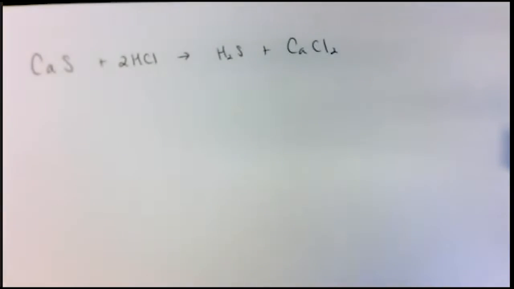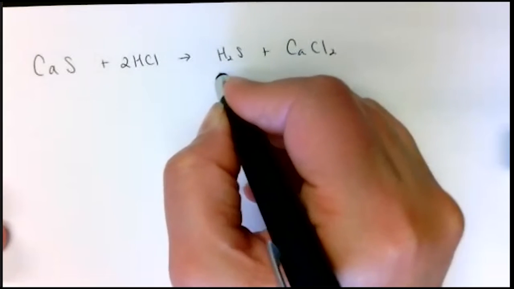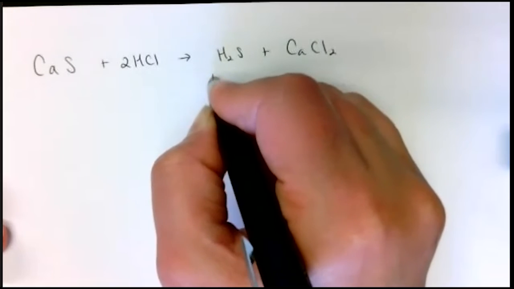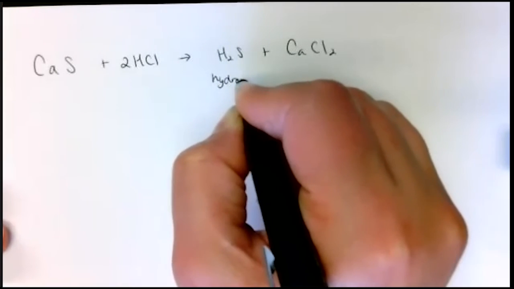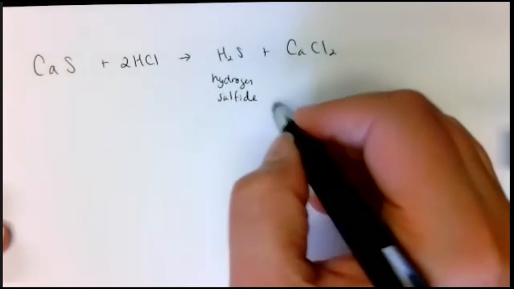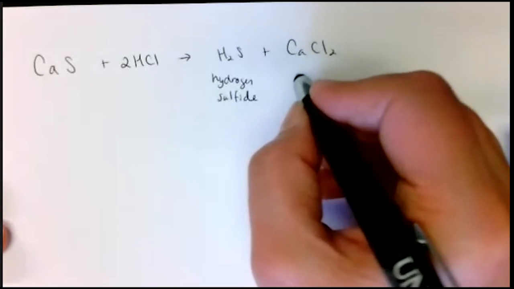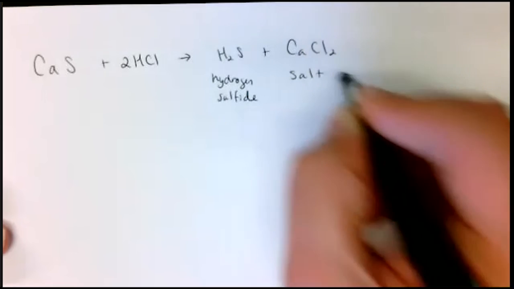Like so. So here we produce, instead of water, hydrogen sulfide, which is a very, very weak acid, and then a neutral salt.